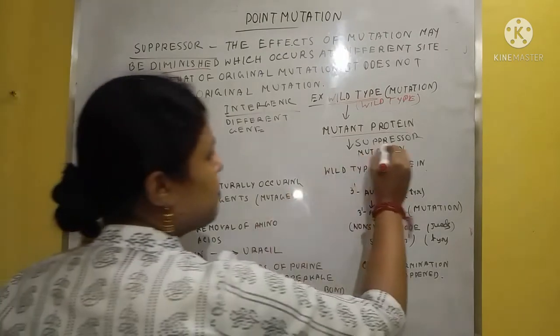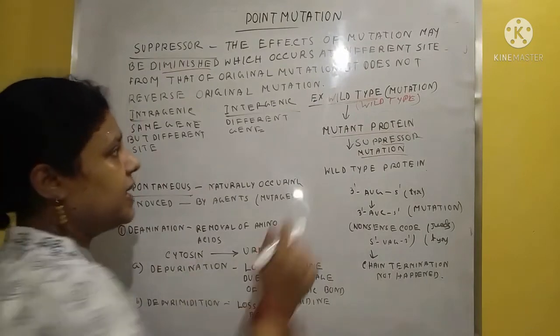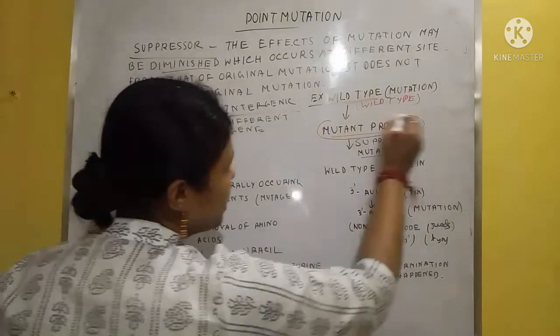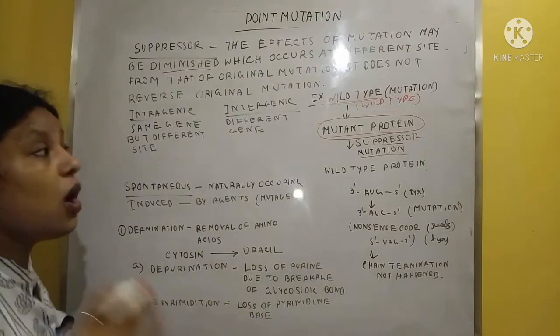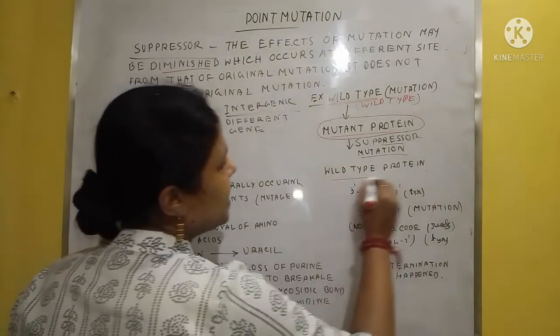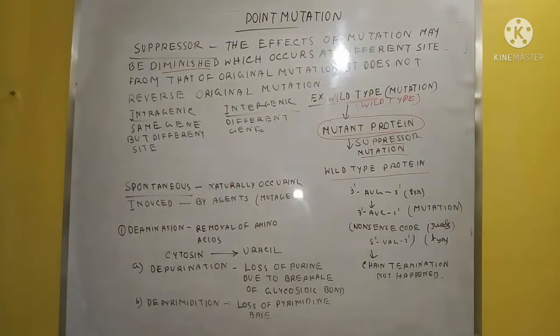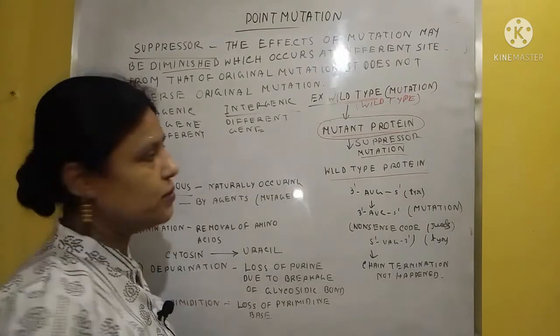But when the suppression mutation is occurring over the formation of the mutant protein, or over the mutant gene, what happens? The wild type protein is again recognized by the codon.